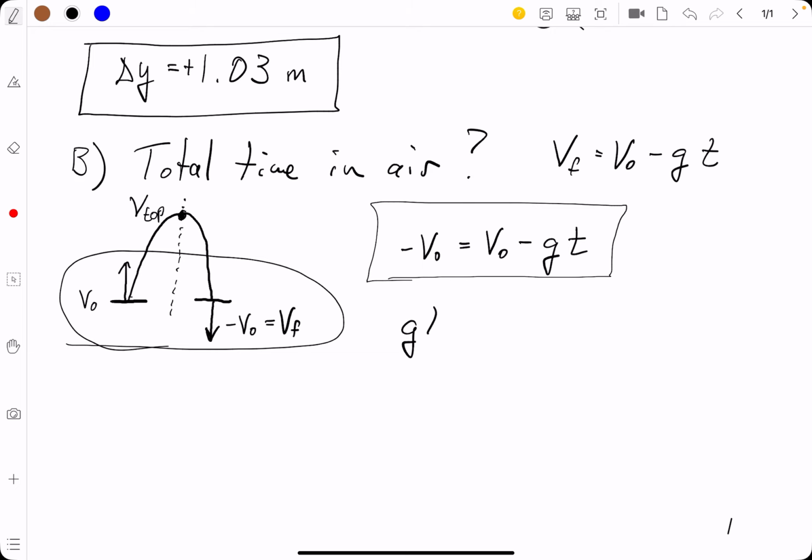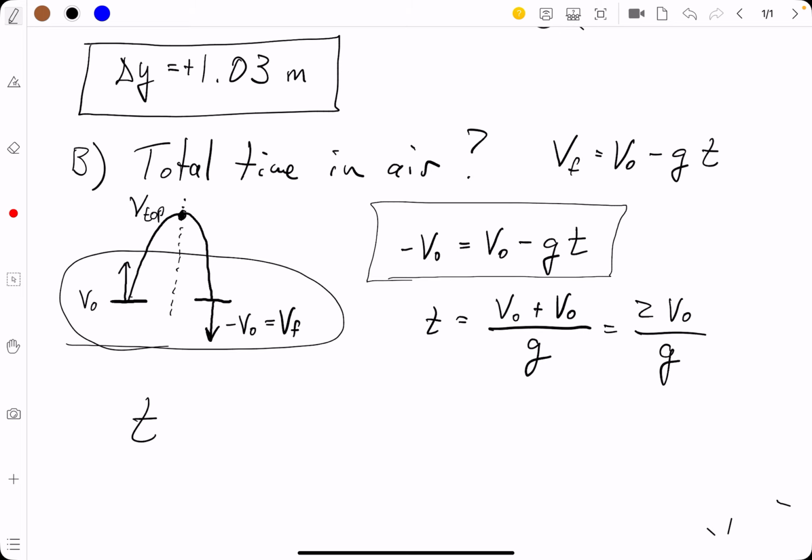Let's put GT on the positive side, and we'll have V naught plus V naught. And then I'm going to divide everything by G, so we get our G back here. Okay, did you guys see what happened there? All right, good. So now we've got our V naught. Well, guess what? This is where our 2 comes in, because V naught plus V naught is just 2 V naught, and we've got this.